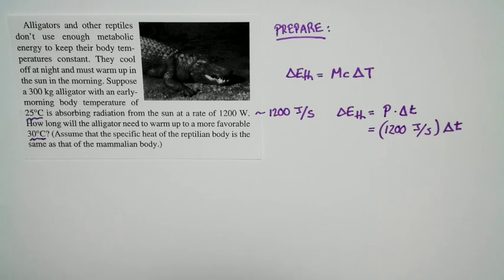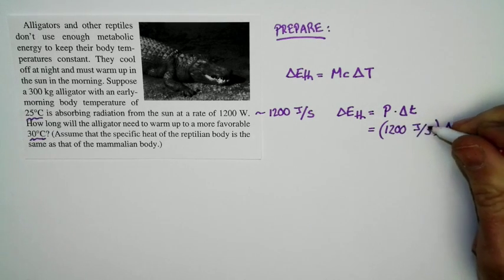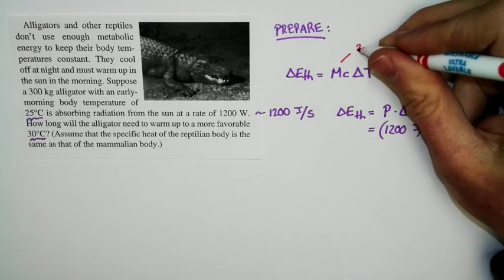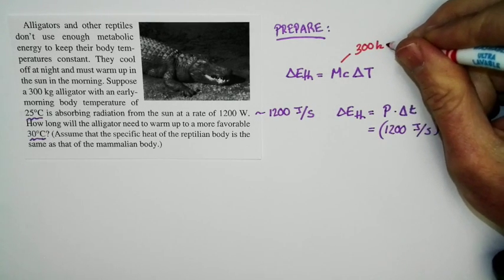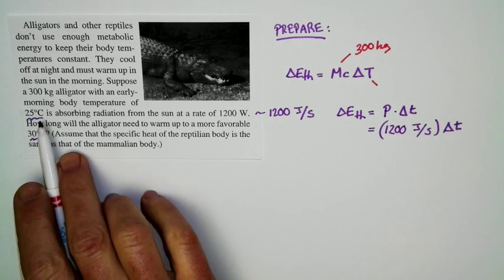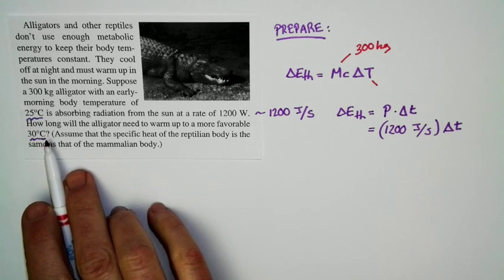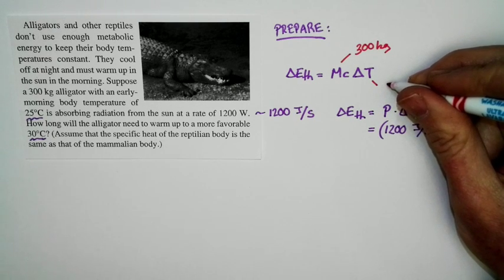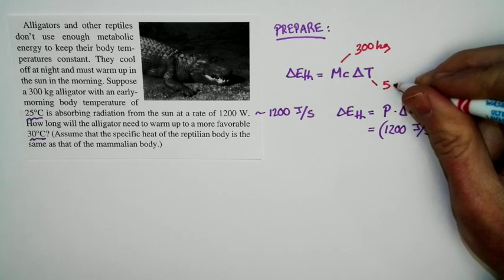Now let's go ahead and put some variables in here. The power we know is 1200 joules per second, so that's set. The mass is the mass of the alligator, that's 300 kilograms. Delta T is the change in temperature. Well, the change in temperature, 25 degrees Celsius up to 30 degrees Celsius, is a difference of 5 degrees, and we can put that in Kelvin.